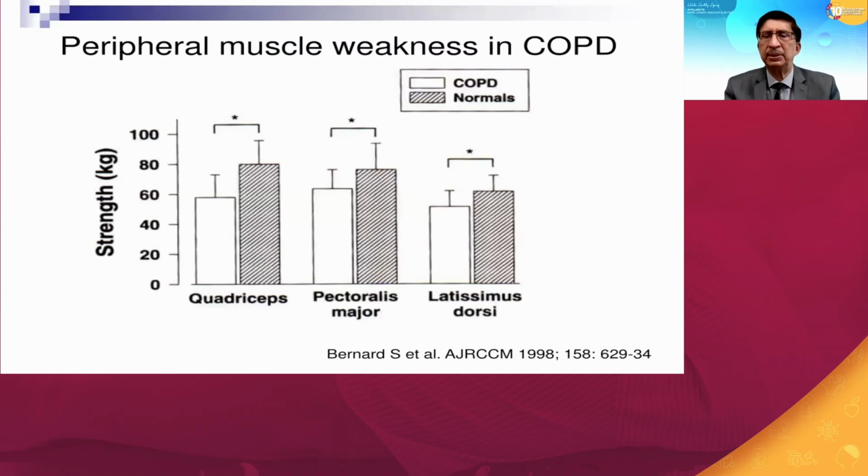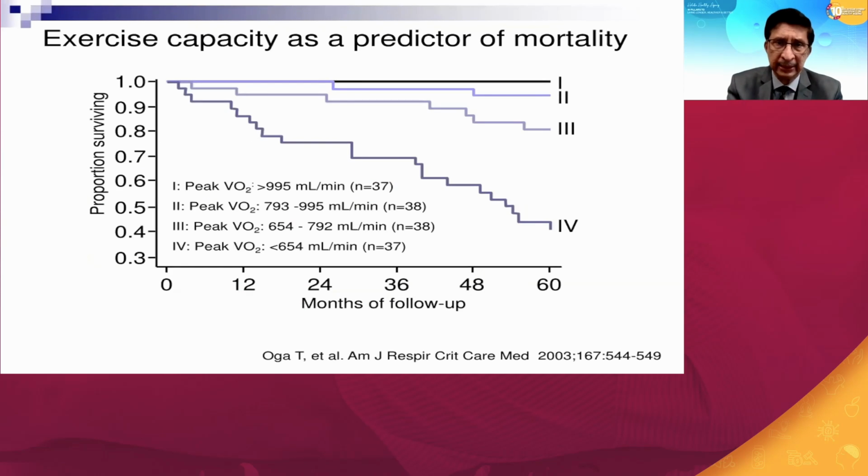Now, the peripheral muscle weakness is quite significant, as you can see in comparison with the shaded area, which is normal. In the quads, pectoralis major, or latissimus dorsi, there is 20% better strength compared to somebody with COPD. There is definite peripheral muscle weakness. And we look at the VO2 max, which is the volume of oxygen consumed when somebody exercises.